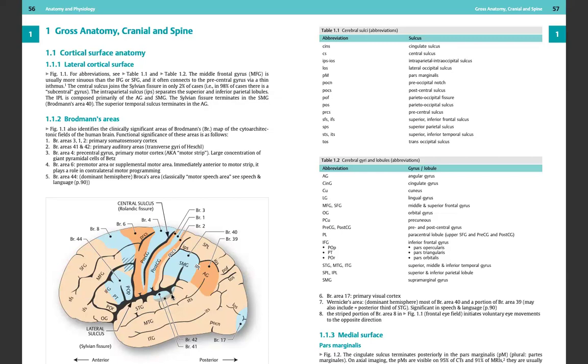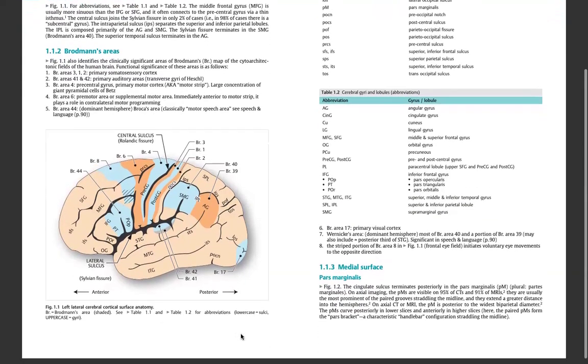And then, of course, we've already talked about the motor strip area. And Brodmann's area 17, along the calcarine sulcus, is the primary visual cortex. These are the most important Brodmann's areas for the basic neurosurgical residents.